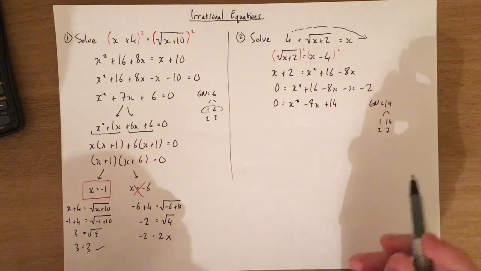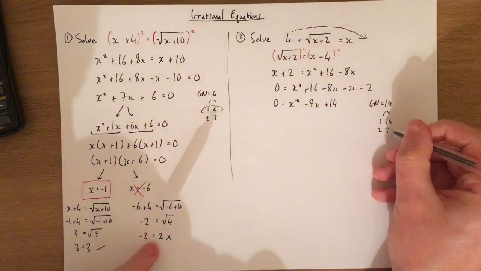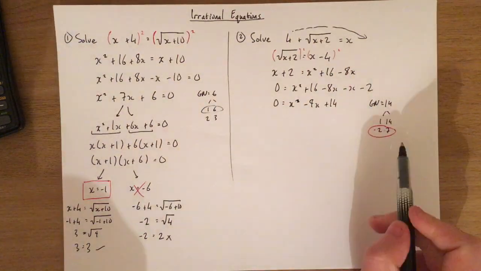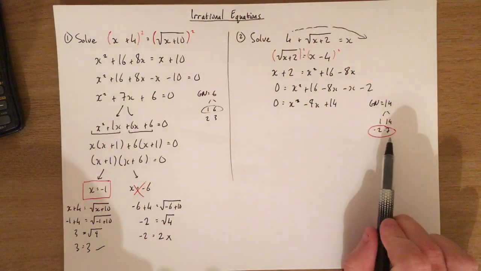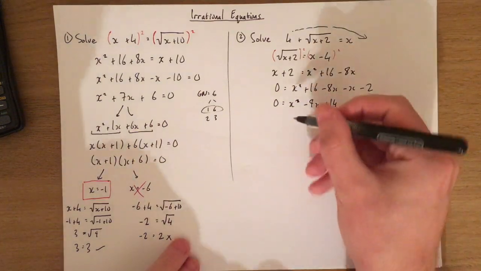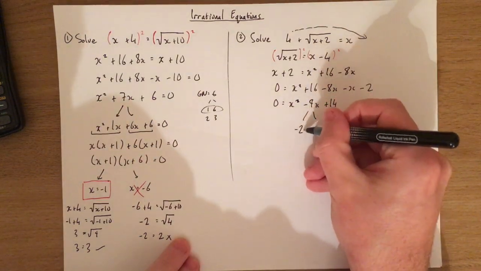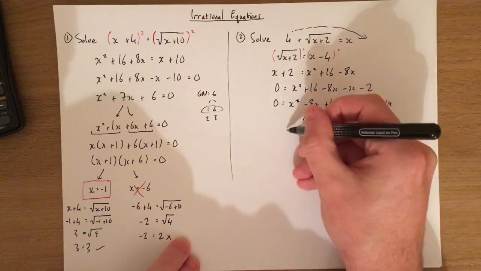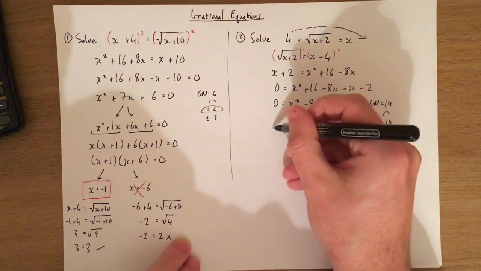And my guide number is positive, so I'm going to take 2 and 7 and I'm going to make them both minus. Because minus 2 minus 7 is minus 9, and minus 2 multiplied by minus 7 is plus 14. So x squared minus 2x minus 7x plus 14.